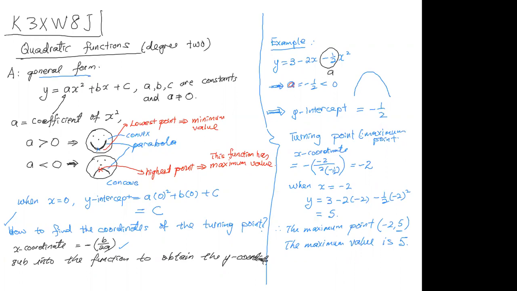I now know the coordinate of the highest point of this graph is negative 2, 5. The y-intercept is 3, which should be here. So my graph should look something like that.